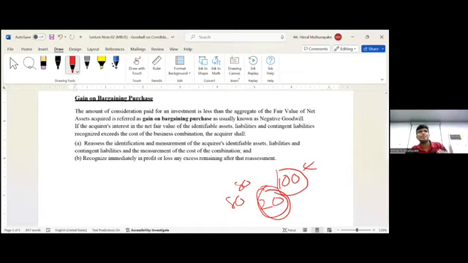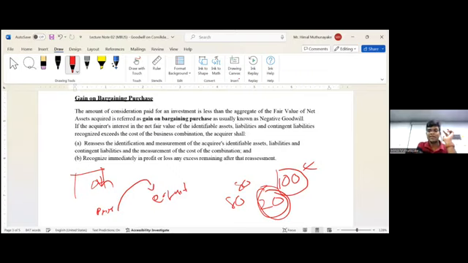So we need to identify it as other income, right? In the financial position, we need to add it to the equity value, right? When you are preparing the P&L, we are having other income. So the final P&L balance, the profit, we are taking it to the equity, right?